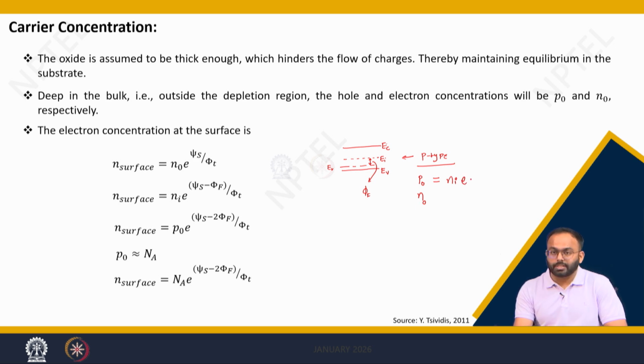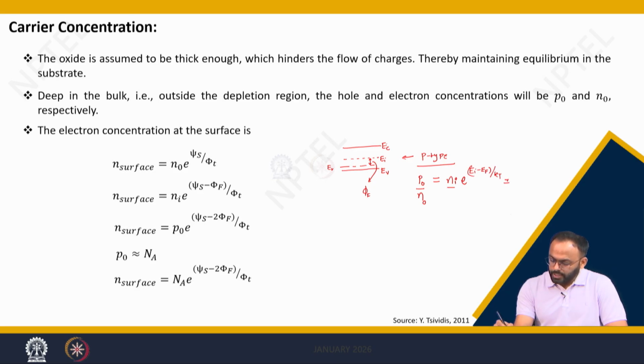We need a positive exponent which makes p naught greater than ni, and hence instead of memorizing the equation, we can use this to find the relation between p naught and ni. It is nothing but p naught equals ni times exponential of (Ei minus Ef) divided by kT.